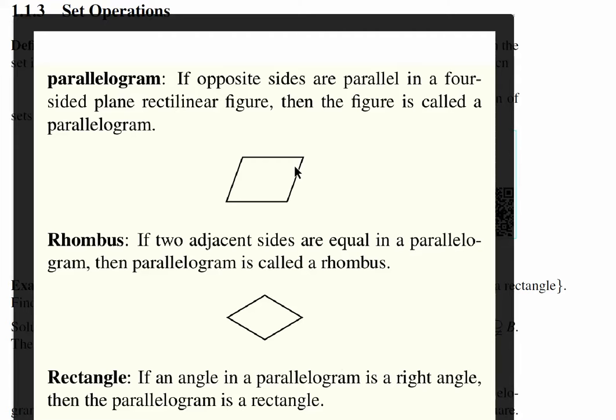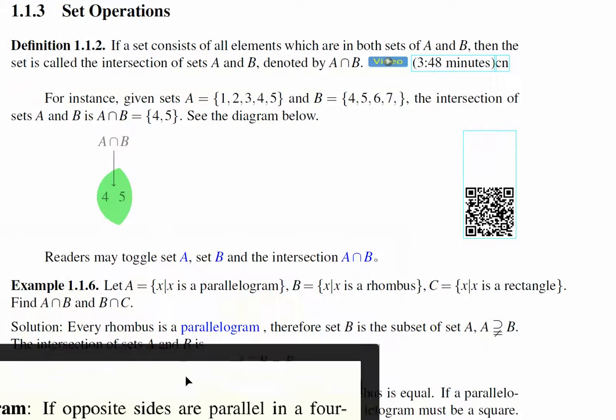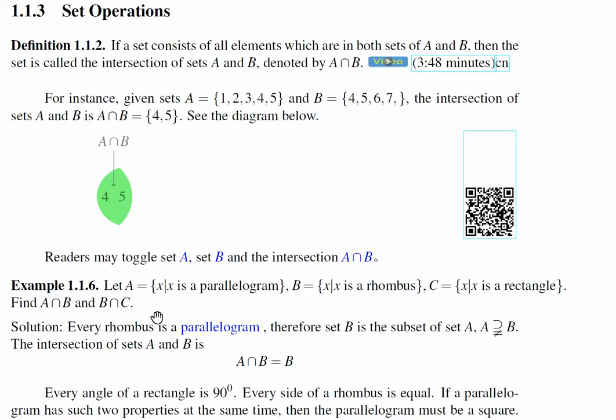With that in our mind, we can then do this question here. A is parallelograms, B is rhombuses. Then we know again, rhombus has to be a parallelogram first.